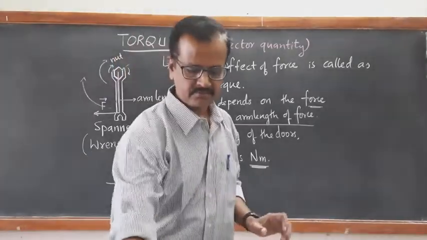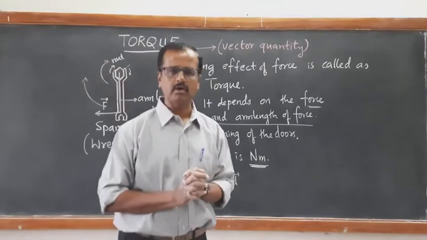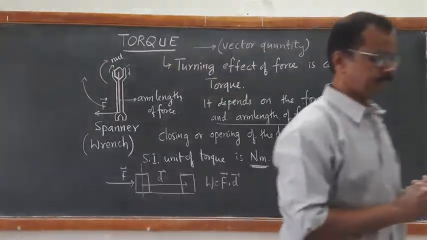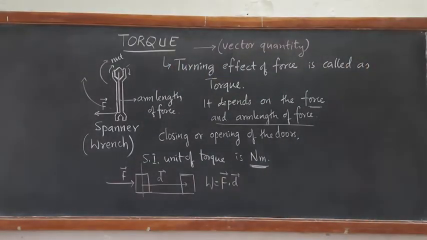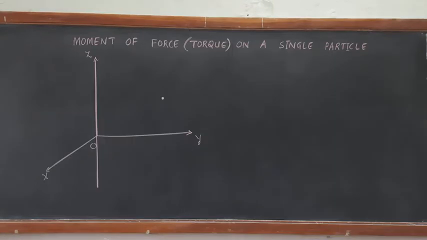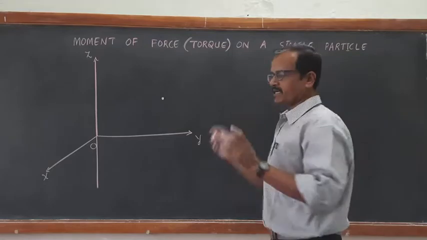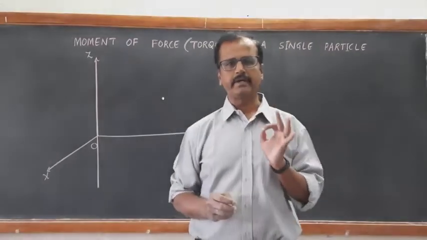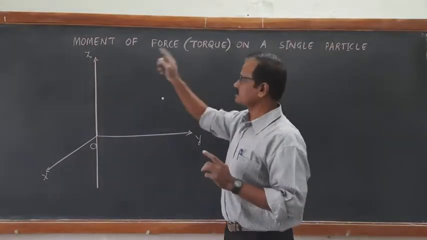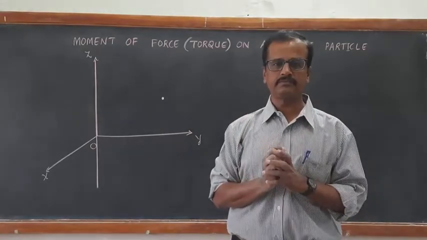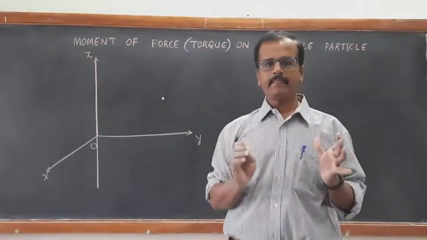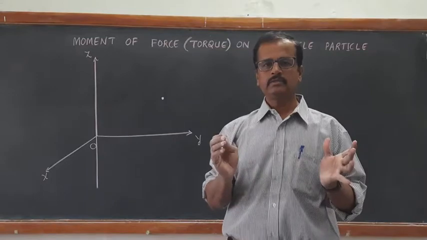Now let us find out the expression for torque mathematically. Here we will learn first the torque acting on a single particle. The torque is also called moment of force. The moment of force is also same as torque.